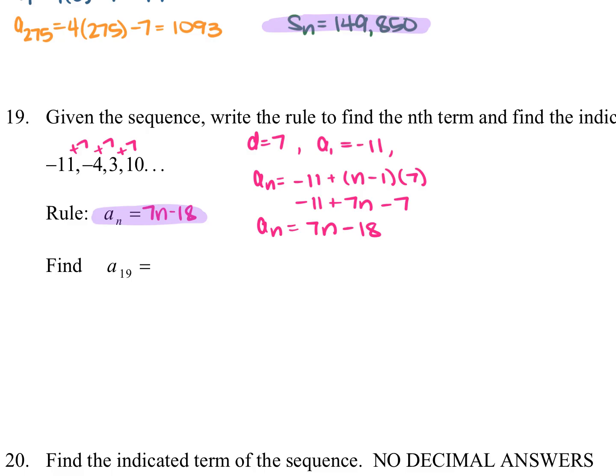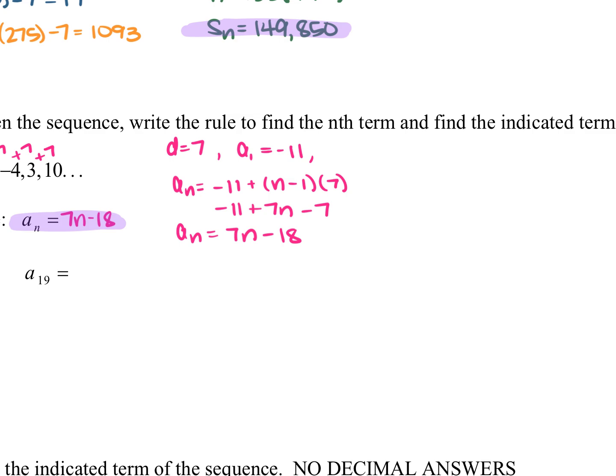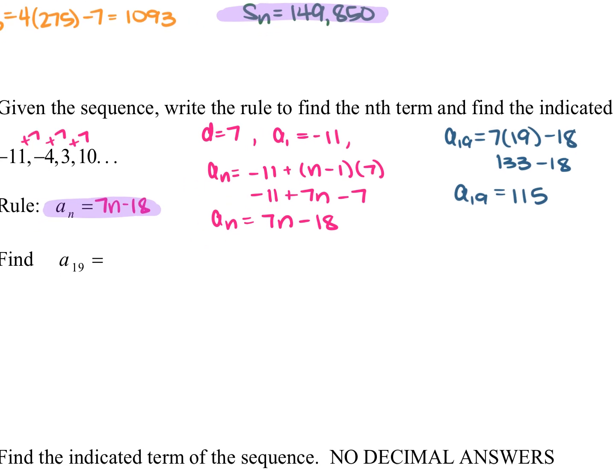From here, we're going to find the 19th term. So we're going to plug in the 19 for n. So it's 7 times 19 minus 18, which is 133 minus 18, giving us our 19th term, equaling 115.